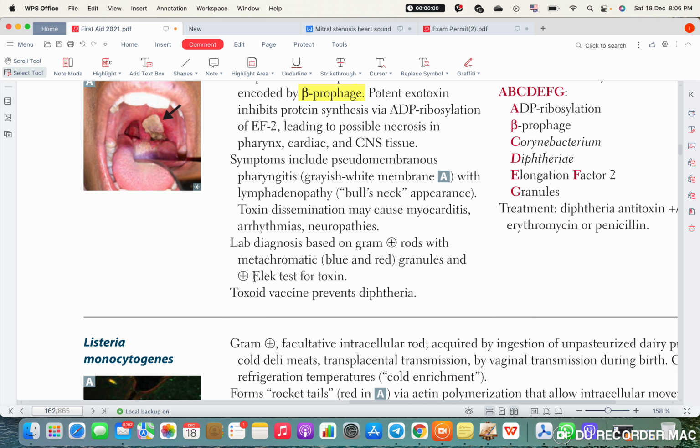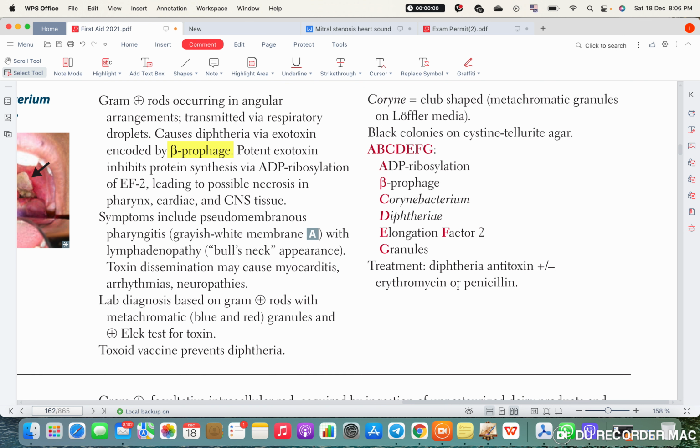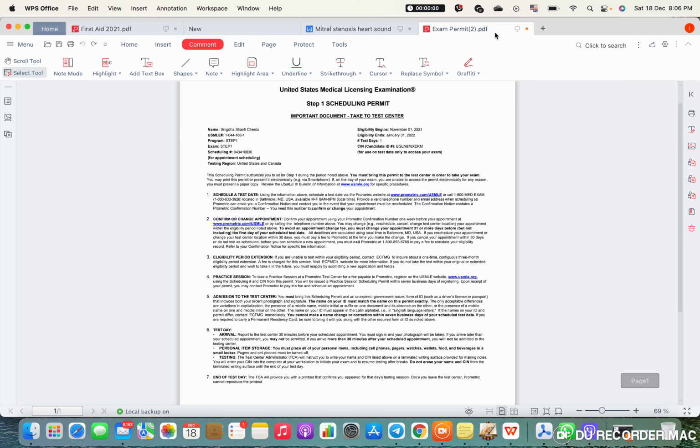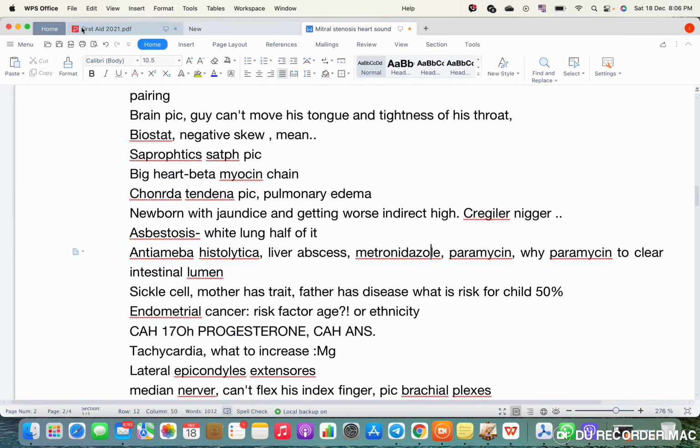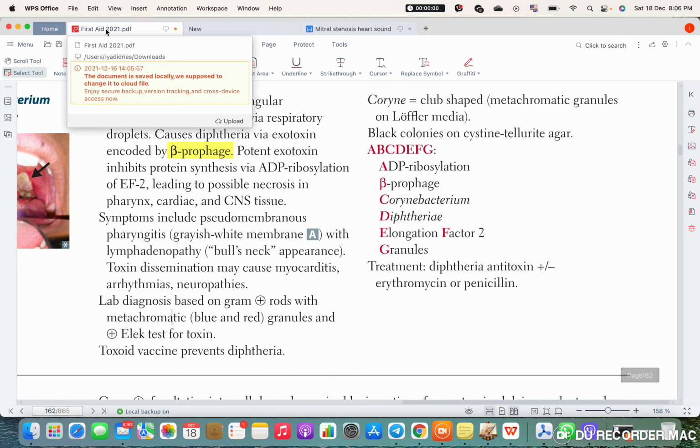If you remember, in Sketchy, they are represented by a bull licking, yeah? And the toxoid vaccine prevents diphtheria. It's a portion of which vaccine? Which big vaccine contains the diphtheria vaccine inside of it? DTP, absolutely correct. So it's the DTP vaccine.